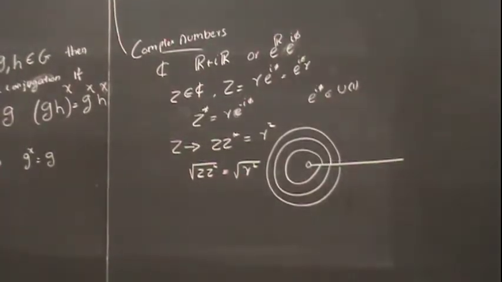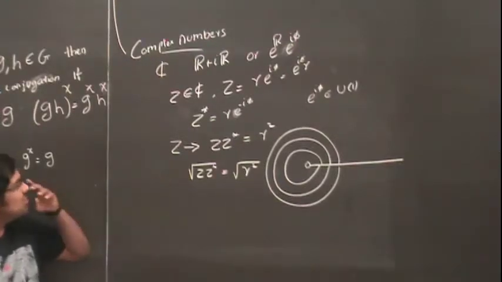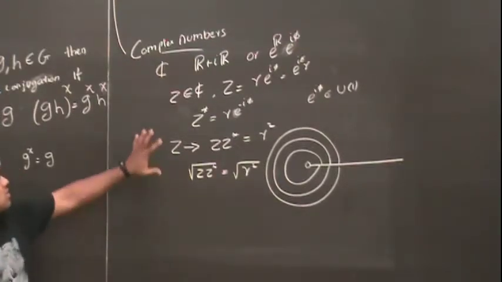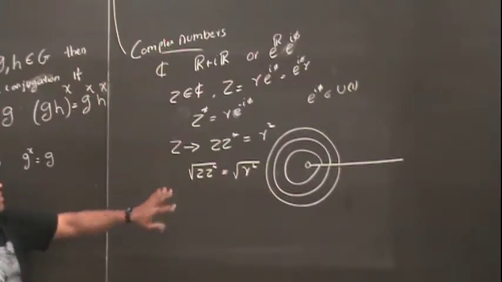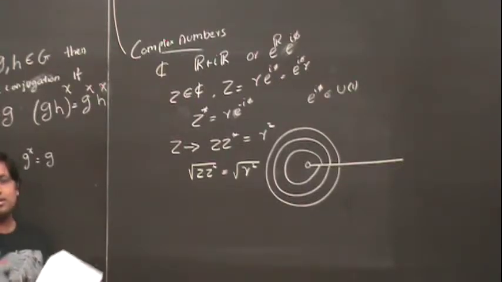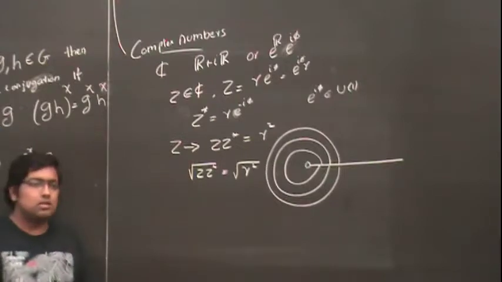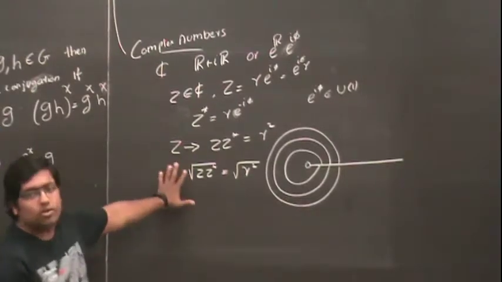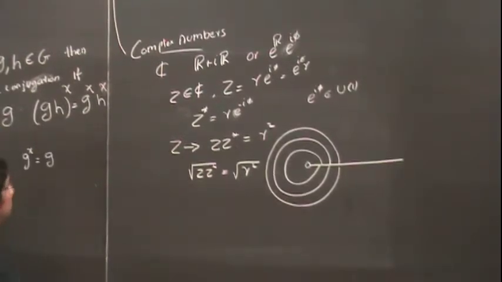So I won't go into details other than this. Keep this in mind, and when we talk about general KAK decomposition, we can see the similarities. It's not all the way there, but there are some similarities. I just wanted to review that for you guys.